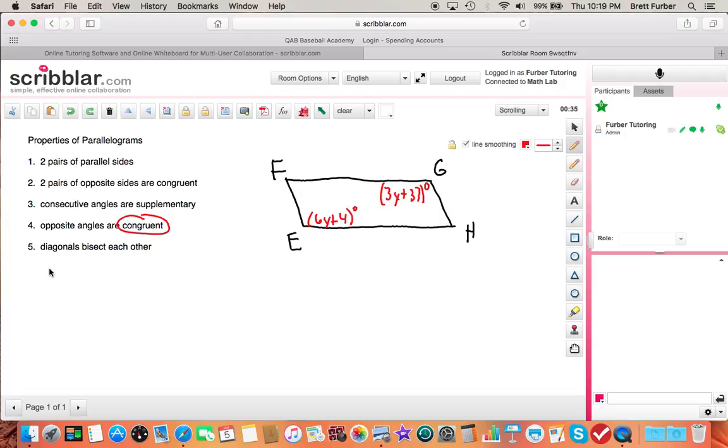Then I'm asked in the problem, after I find the value of the variable, to find the measure of each angle: angle E, angle F, angle G, and angle H. So once I find the value of y, I can find the others. Again, these are equal to each other, so we're going to set them equal to each other. Collect the variables on the same side.